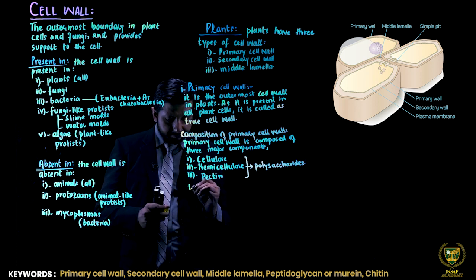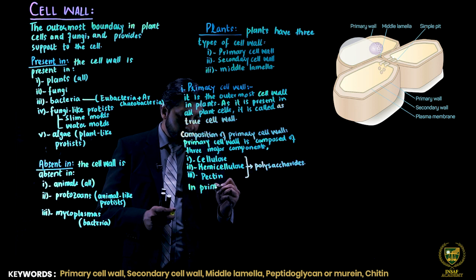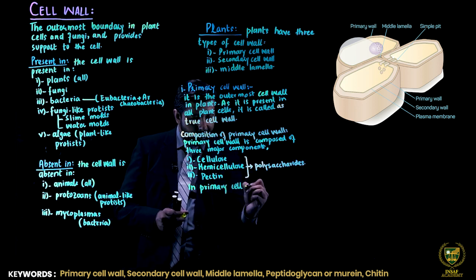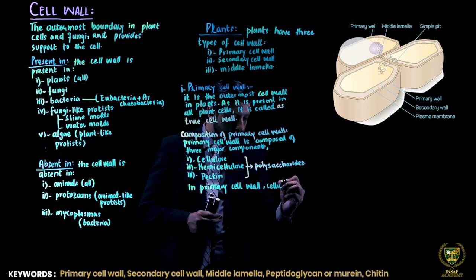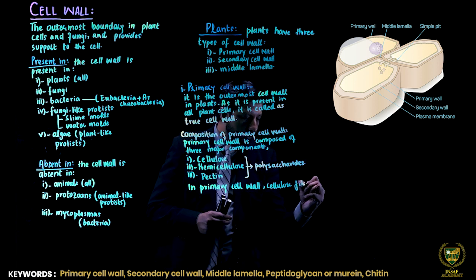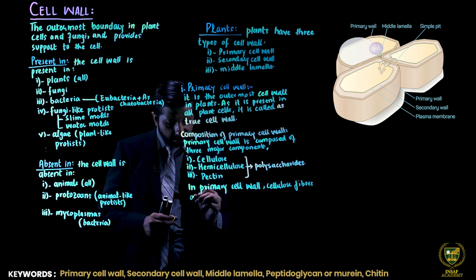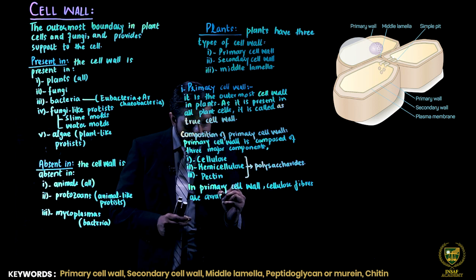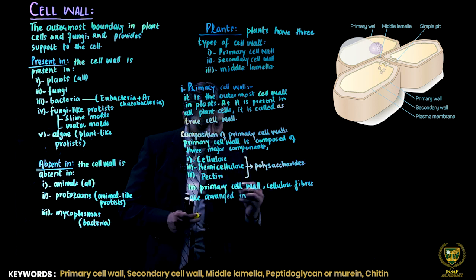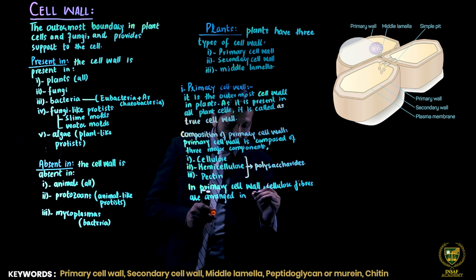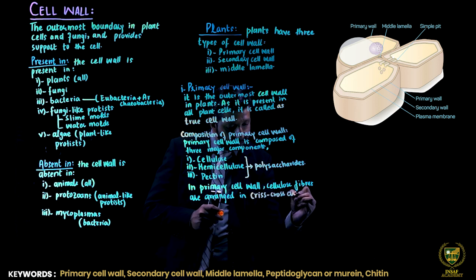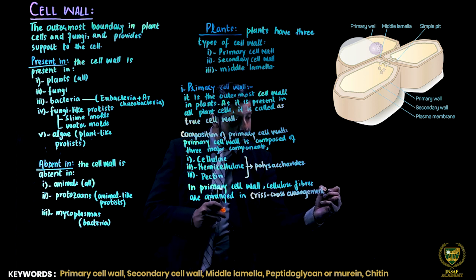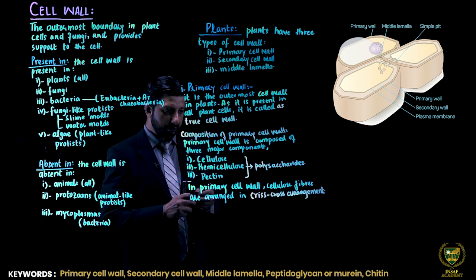In primary cell wall, the cellulose fibers are arranged in criss-cross arrangement. So how does this criss-cross arrangement look like?